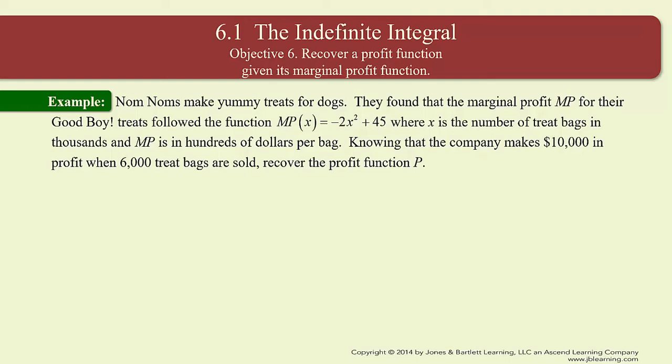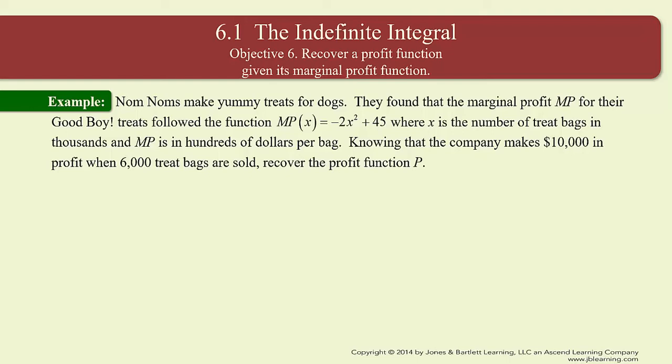So that tells me, when I see that the company makes $10,000 in profit when 6,000 treat bags are sold, well, 6,000 is the number of treat bags sold. Since the number of treat bags is in thousands, that 6,000 would correspond to an x value of 6.